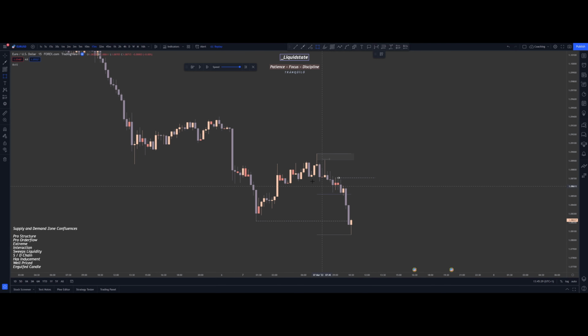The most obvious one right here is there's a point of demand here because we break a little high right there. As you can see, when price comes back down into it, we push up and then we fail the demand. So this would be a supply to demand flip, which is interaction. So this POI has interaction right here.